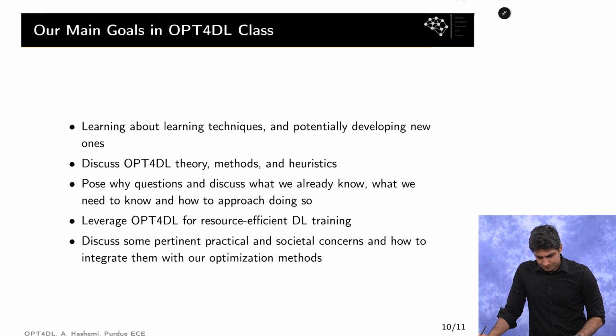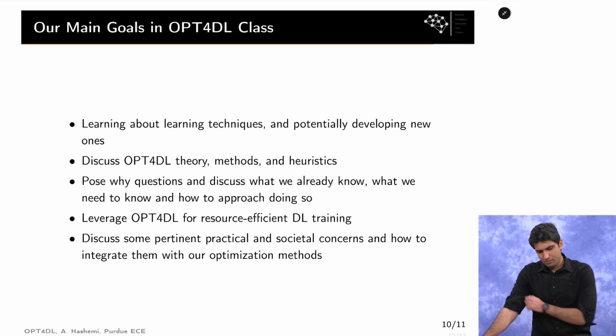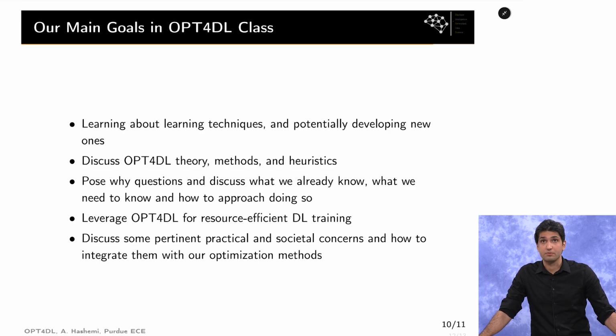All right. Now, what are our main goals in this course? One of our goals is to learn about learning techniques, training algorithms, and optimization algorithms, and potentially the knowledge that we gain in this course could be leveraged to develop new algorithms or develop knowledge that we currently don't have about the existing algorithms.